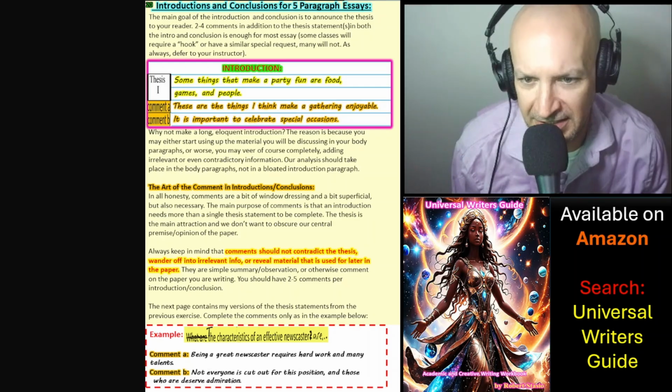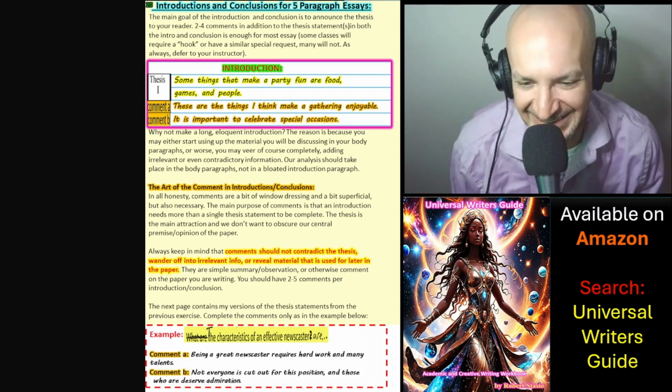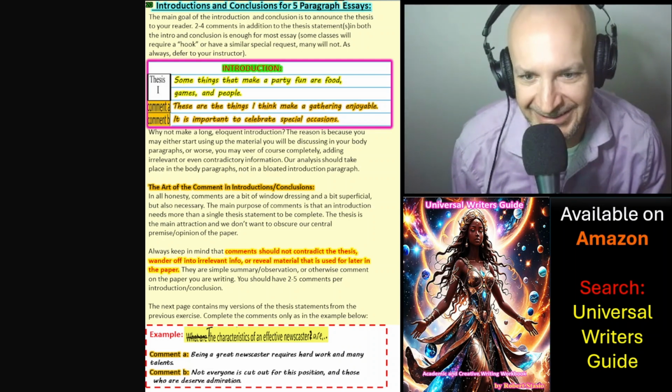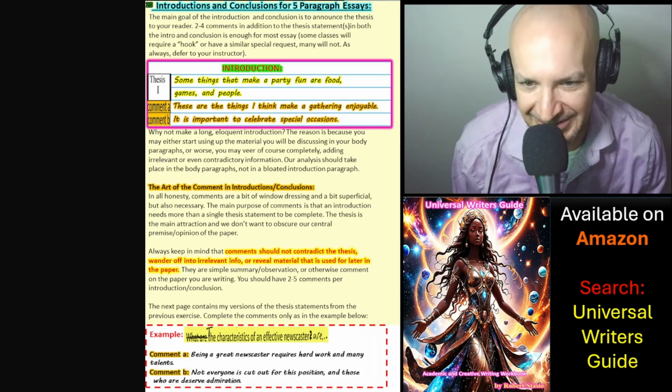Always keep in mind that comments should not contradict the thesis, wander off into irrelevant info, or reveal material used for later in the paper. We talked about wandering off into irrelevant info or revealing material for later in the paper.